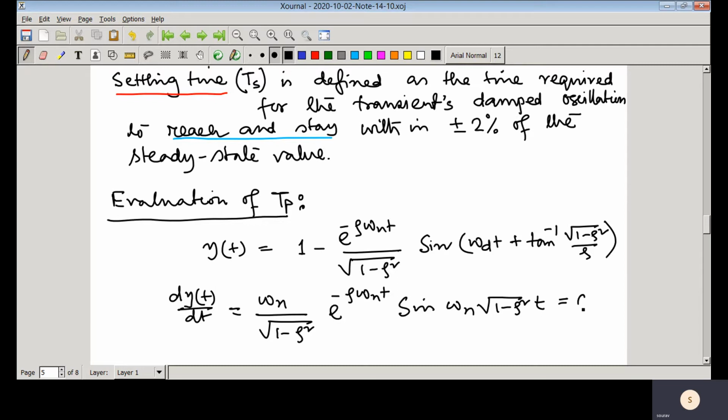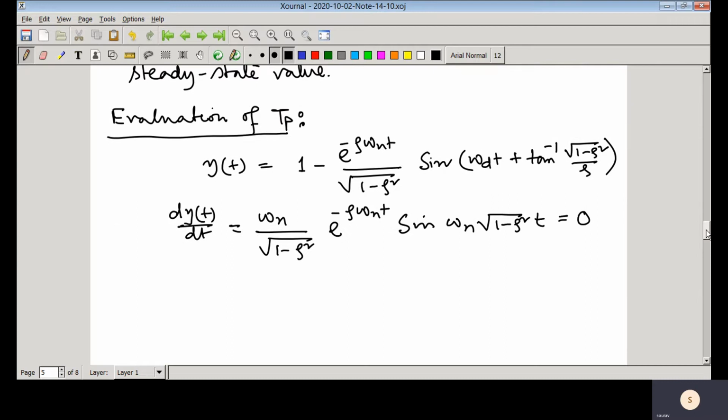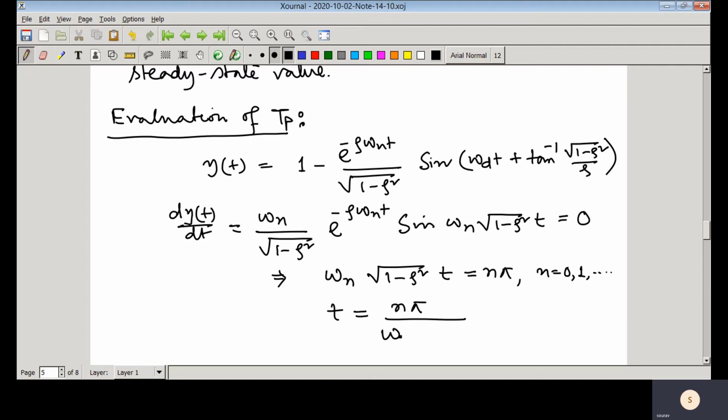So at the first peak it should be equal to 0. If you solve this, this implies that omega n square root of 1 minus zeta square t equals n pi, where n equals 0, 1, 2, 3, and so on. So here we have t equal to n pi divided by omega n square root of 1 minus zeta square.